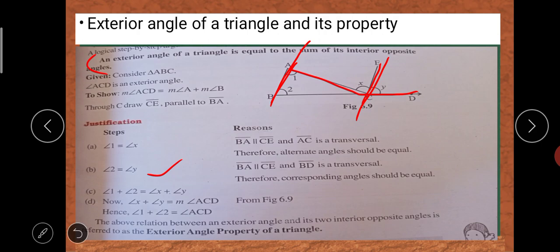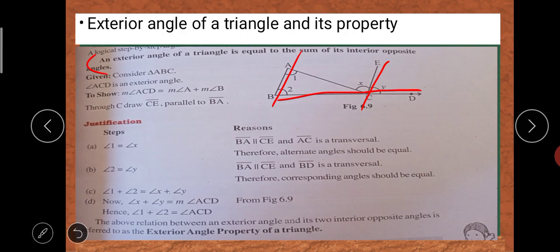Next, see here, angle 2 is equal to angle Y. Again, what will we find here? BD, this BD I will draw first. BD is a transversal, where BA is parallel to CE.